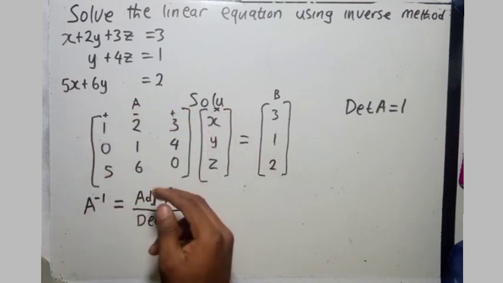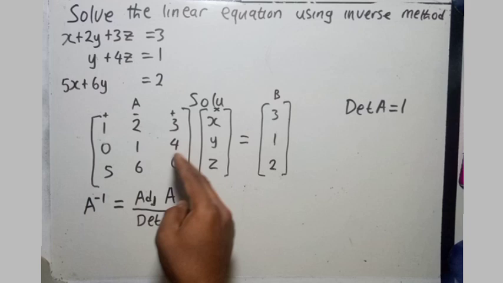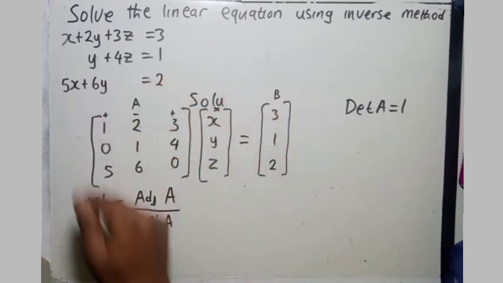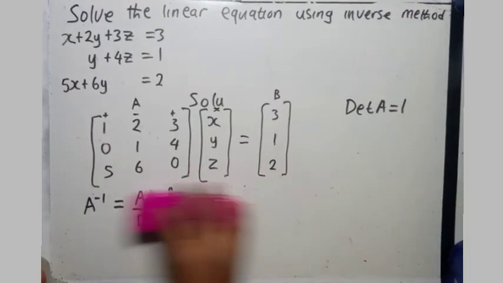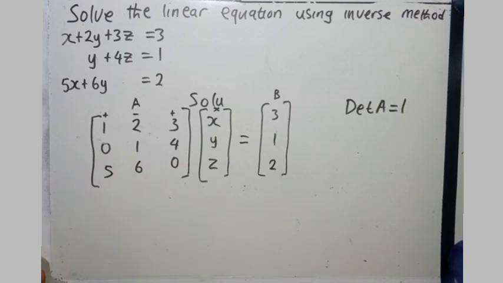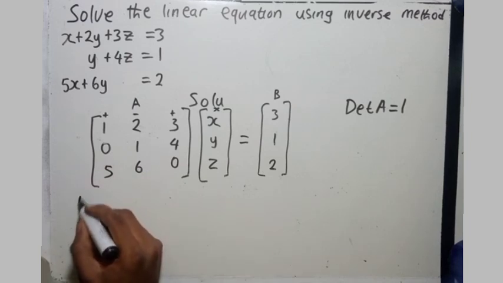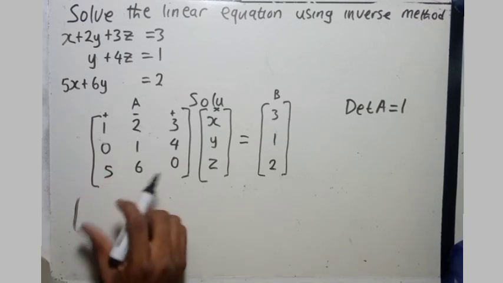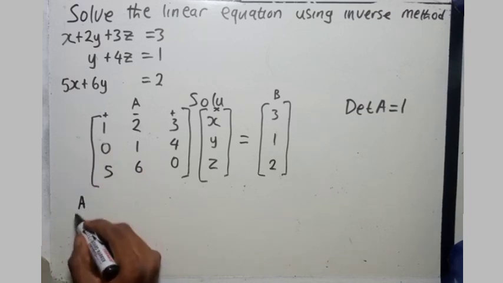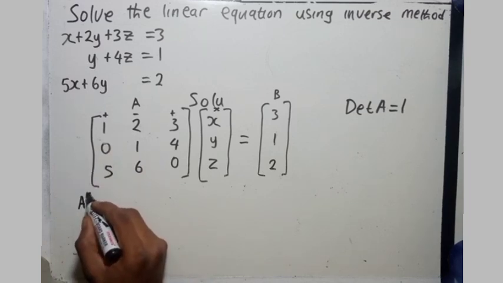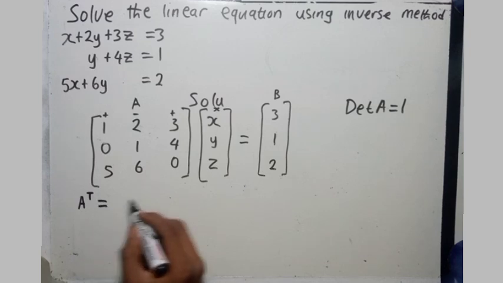But for our adjoint, we need to do it for each and every single one of the values. But first we have to do our transpose. So without wasting much time, let us get into it. First of all, let's find the transpose of our A, which is written as A transpose, which is what?